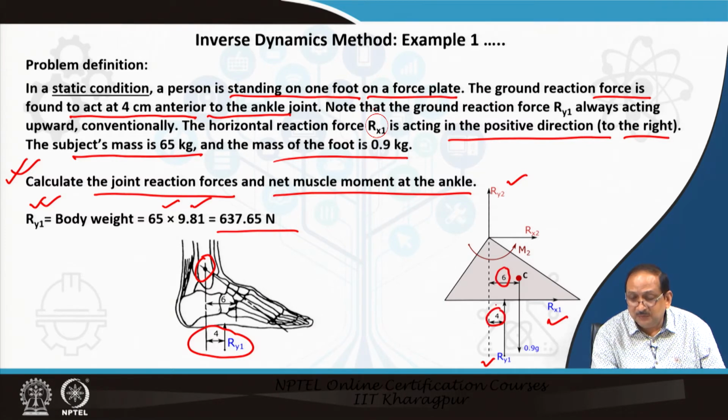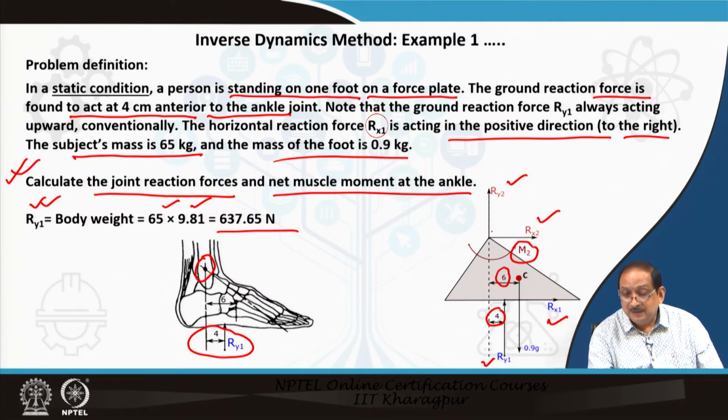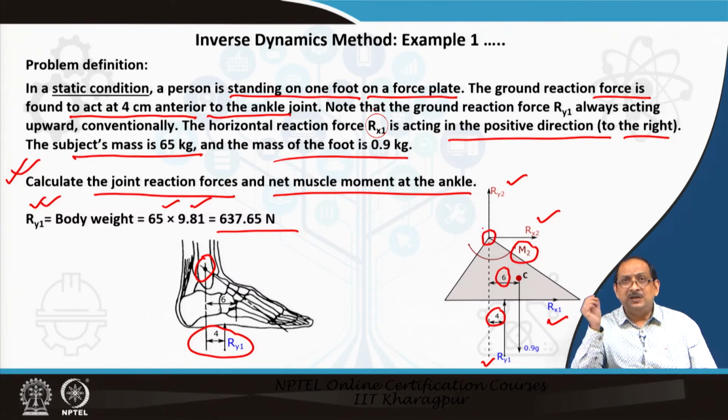So, 6 centimeter and 4 centimeter are all given data, and you can see the other reaction force at the ankle joint given by Rx2 along the horizontal direction towards right, and we assume M2 the net muscle moment at the ankle joint. So, this is the center of the ankle joint as indicated in the figure.